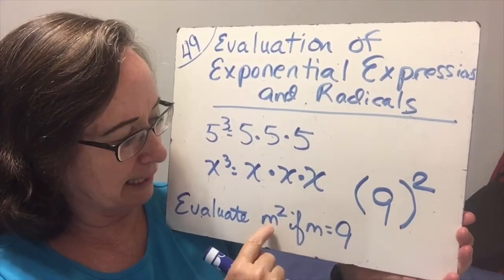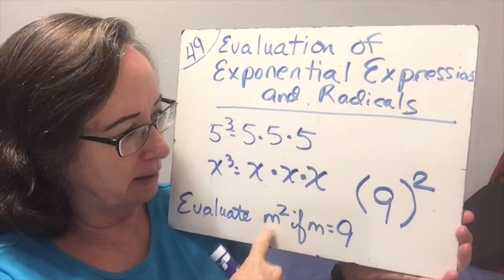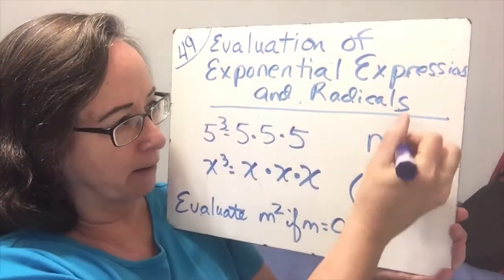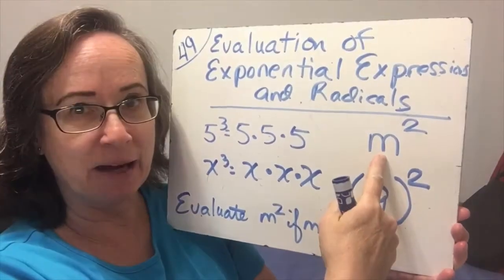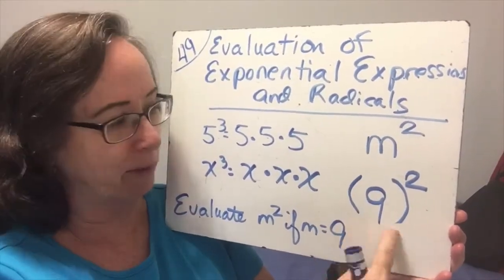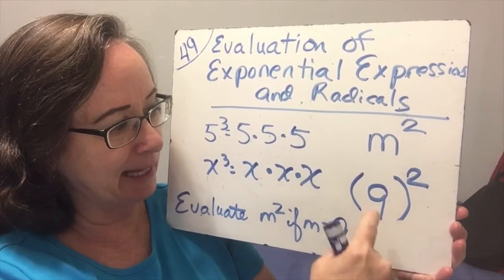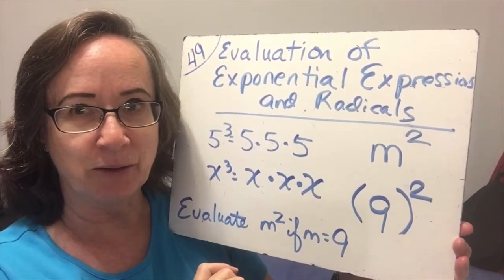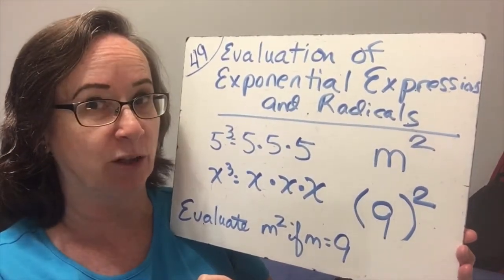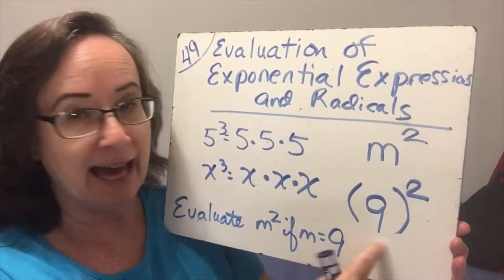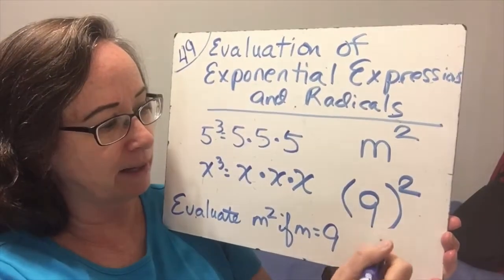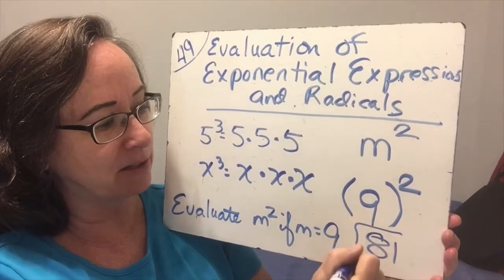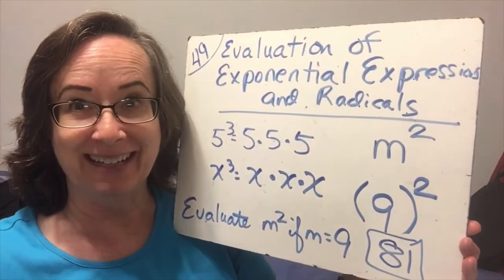So basically I'm going to take the m out. So I had m squared. I'm going to take the m out and put in a parenthesis, and then I'm going to put in the value that we're going to evaluate it at. Okay, so 9 squared is 81, and the answer to that one is 81.